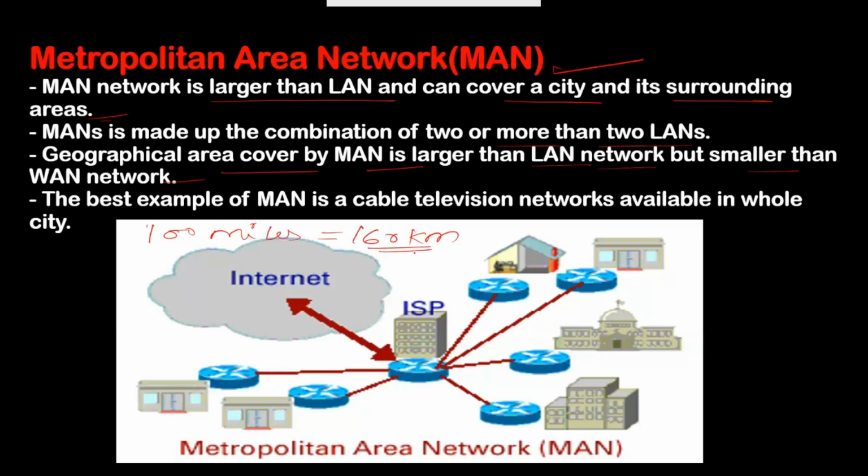So that is the range of your city or your surrounding area. So if you create any network within your city or its surrounding area, that is known as a MAN. And the best example of a MAN is your cable television network. And now the broadband connection is also an example of a MAN, right? So this is the MAN.